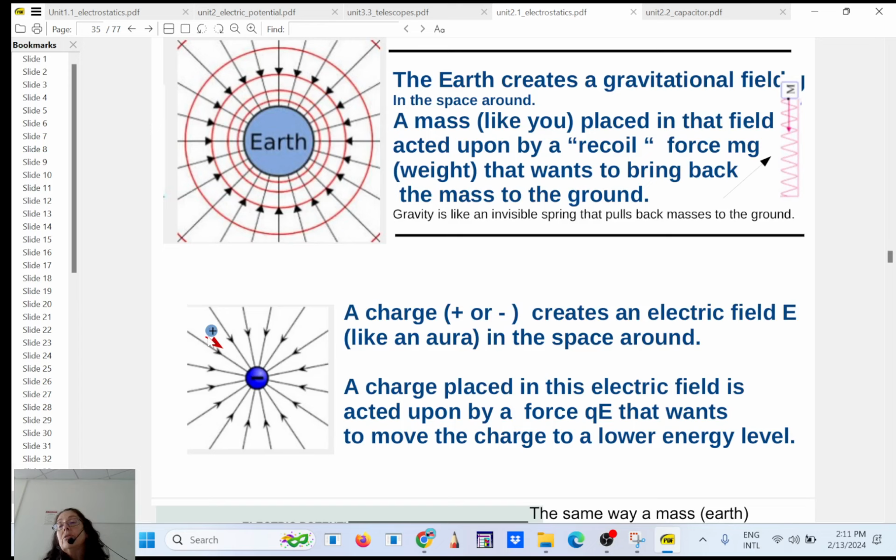And if you place a charge in that field, and this charge is small enough that it's not going to disturb the structure of the field, it will be acted upon by a force equal to QE. Are you with me?